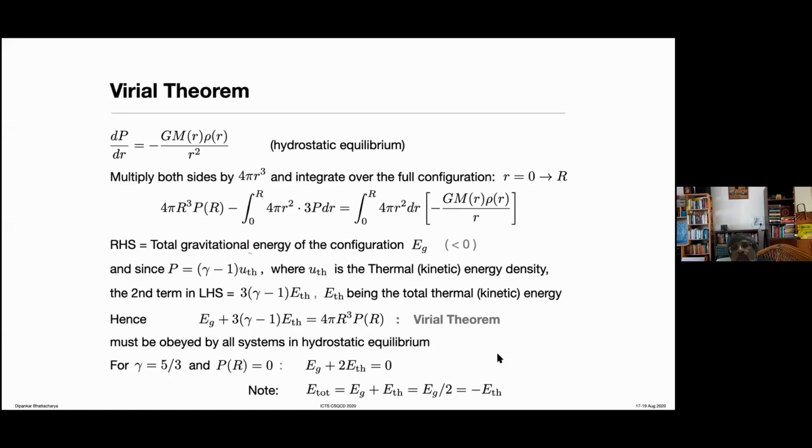So if no radiation is allowed, then the configuration cannot collapse. The radiation has to take away half the gravitational binding energy released in any such process. So we will come to other consequences of the virial theorem as we go through these lectures.